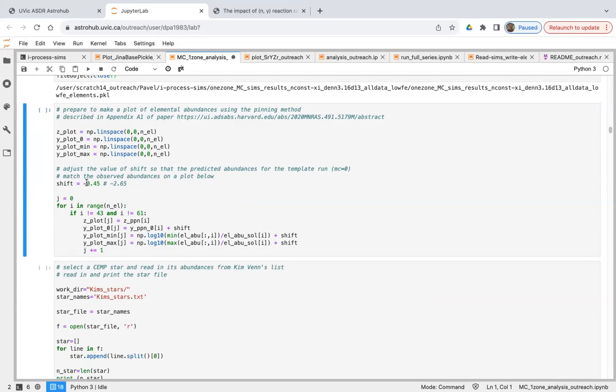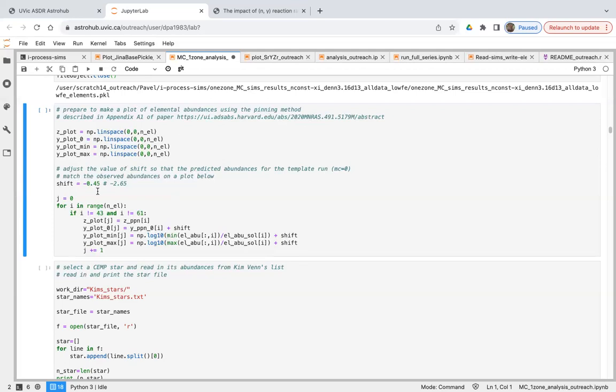This is necessary because one-zone simulations produce the right distribution of abundances, but not the absolute values. So we have to shift them vertically along the y-axis if we want to check if they fit the observed abundances. And this shift parameter has to be adjusted.